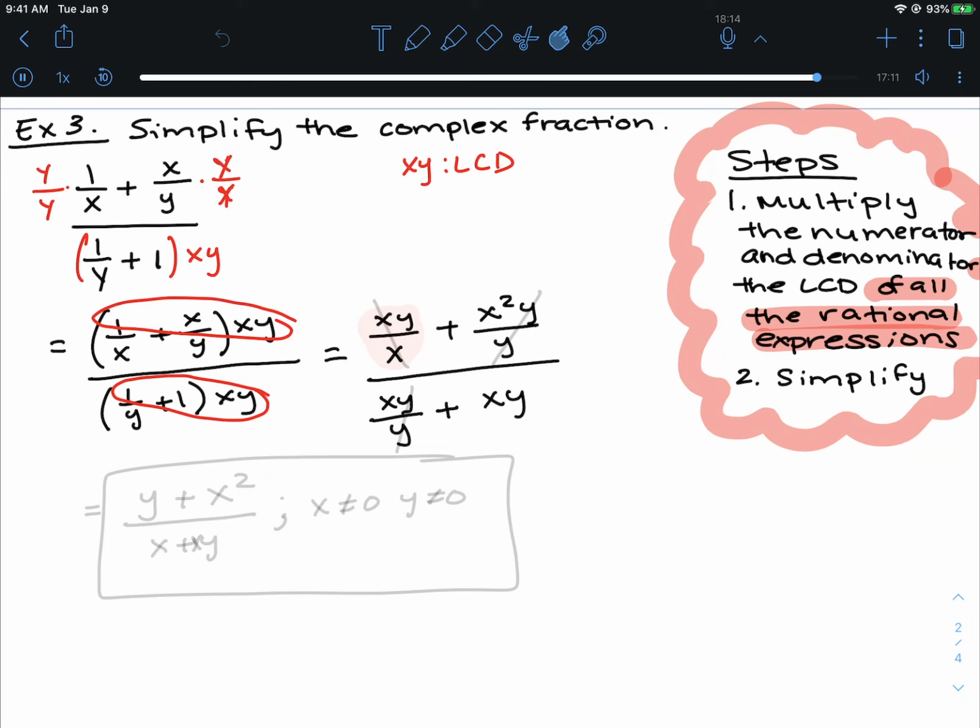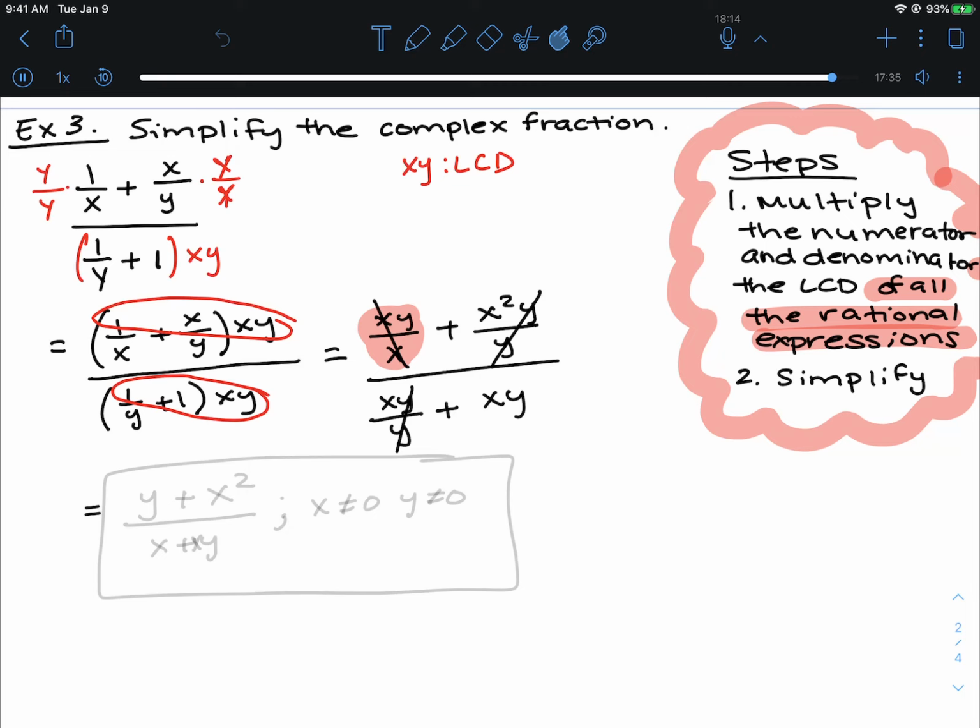Okay, so now check this out. We're going to look for the common factors or whatever they have in common and just cancel that out. So if you see this xy and x right here, okay, what do they have in common? Well, they have the x in common, so we cancel that out. And if you look at the second one over here, what do they have in common? The y's. So those cancel out. Y's are also in common here, so that cancels out.